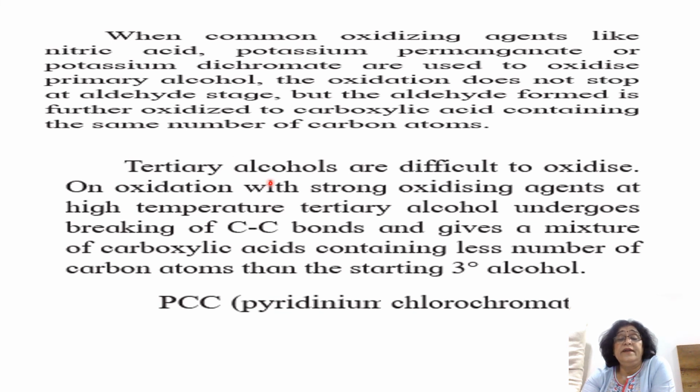Then tertiary alcohols are difficult to oxidize. Strong oxidizing agents and high temperature are needed, and finally tertiary alcohol oxidizes by breaking of the carbon-carbon bond, giving a mixture of carboxylic acids having 2 carbon atoms less than the parent alcohol. Clear? Then for oxidation of alcohol to aldehyde, PCC is required, that is pyridinium chlorochromate. Clear?